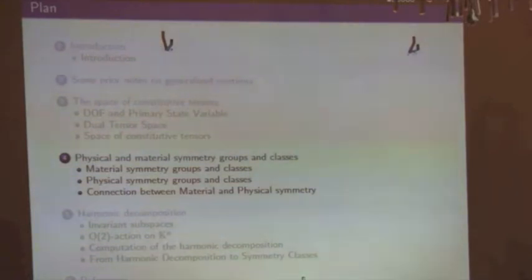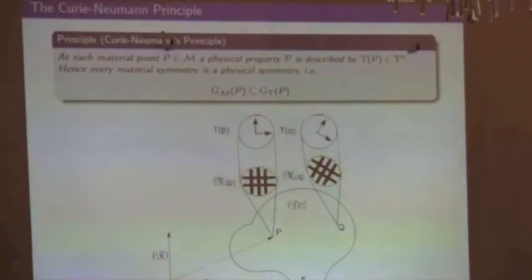So now I will begin to make connections with the different concepts I just introduced. Okay, now I get back to my Curie principle.